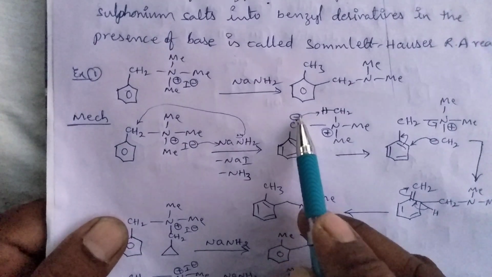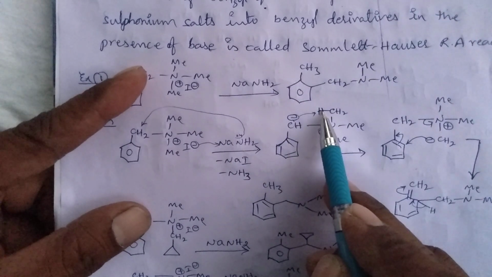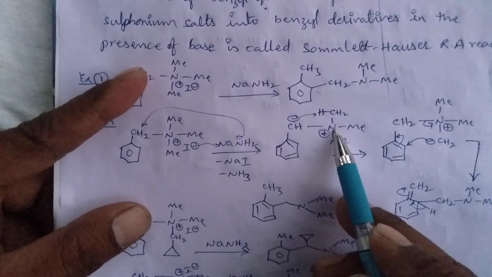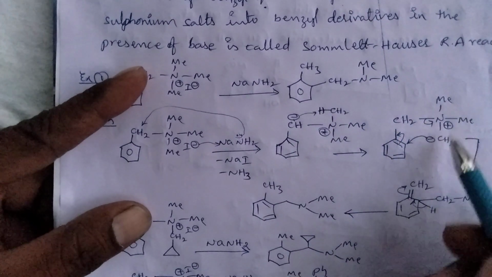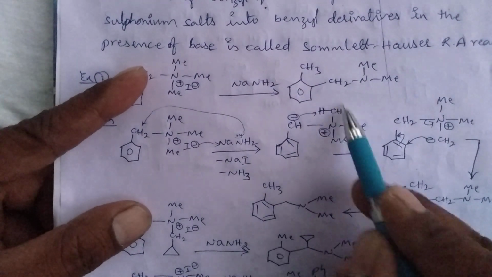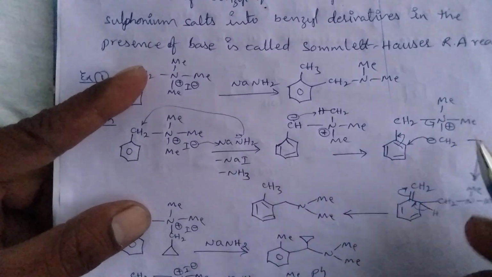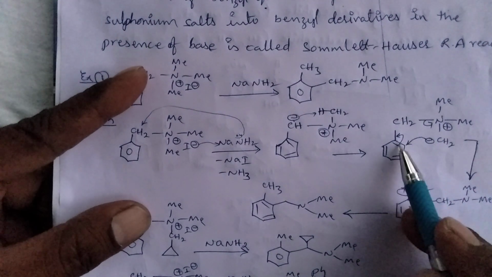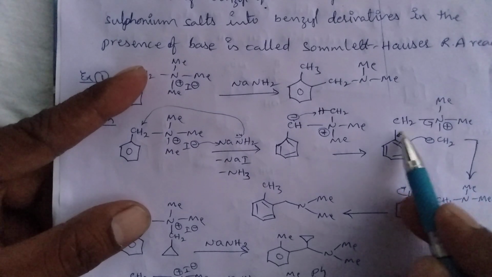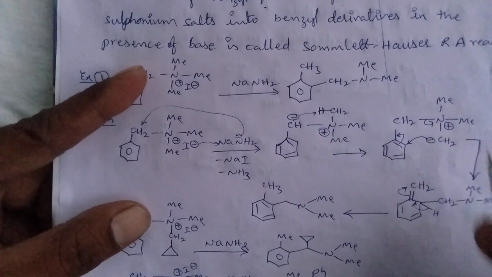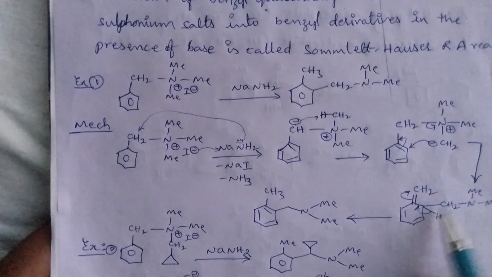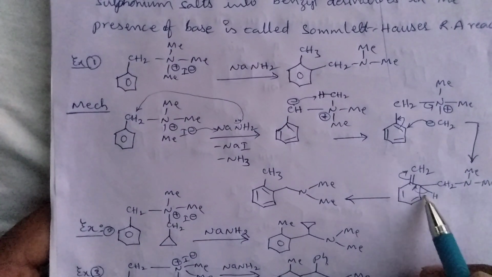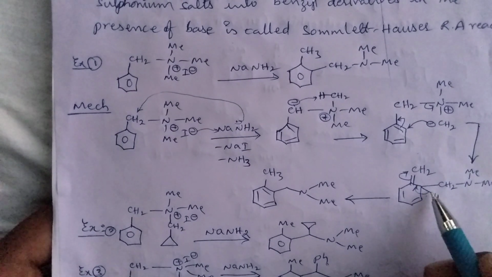So when this carbon center abstracts the H plus ion from this methyl group present on nitrogen, then the negative charge formed takes place on this carbon. Here the negative part of the carbon attacks this carbon. So by the rearrangement of electrons, finally it will give this molecule.